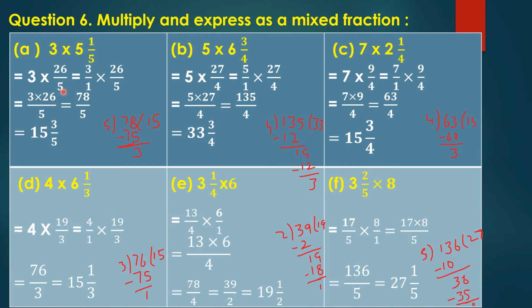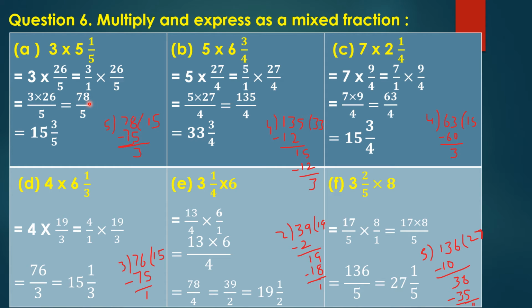Therefore 26 by 5, which is equal to, now 3 can be written as 3 by 1 into 26 by 5. Now it's very easy from this step, because we have to multiply the numerators and denominators.